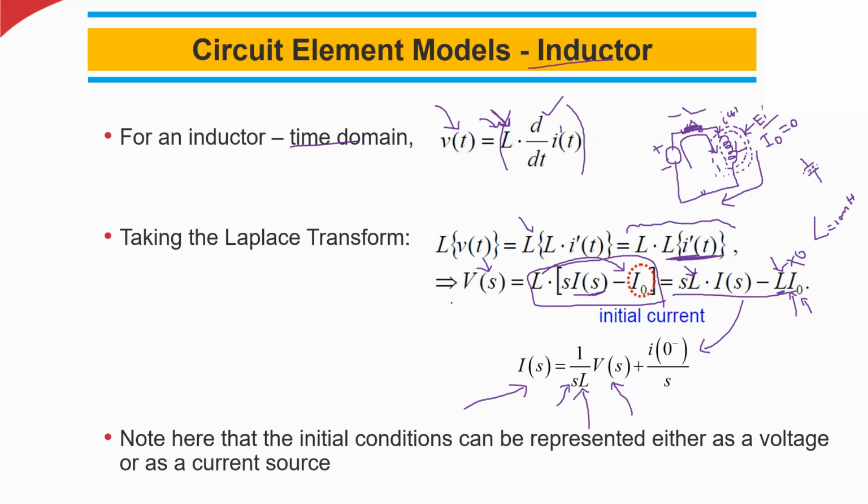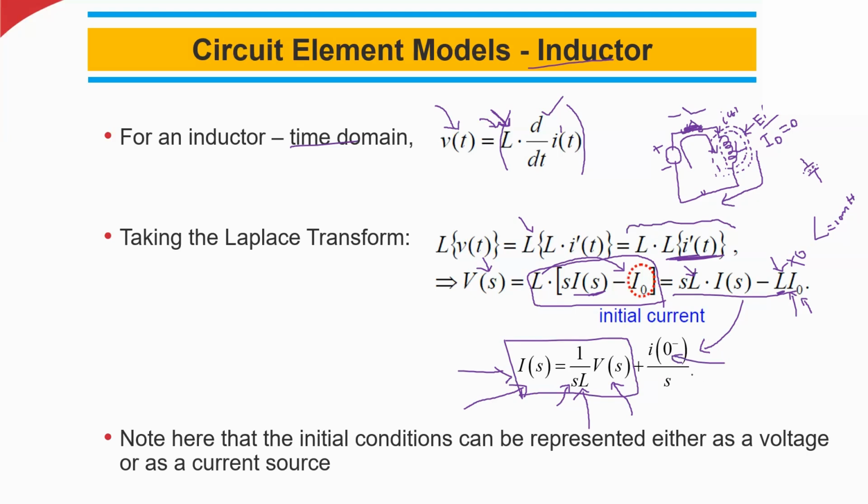Anyway, you have to remember this formula: I of S is equal to 1 divided by SL times V of S. This is the formula for the inductor. And of course you have plus I of 0 minus, that is the initial current. In many situations, we assume the initial current across the inductor as 0, but not always.